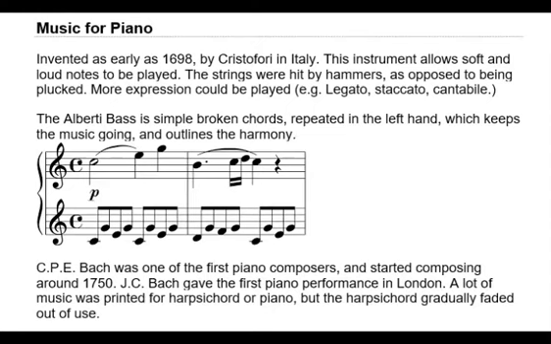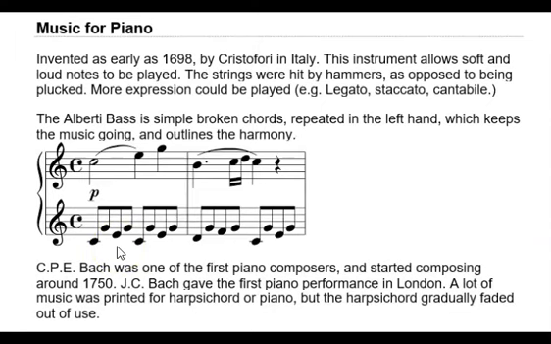The Alberti bass is a simple broken chord pattern in the left hand, which keeps the music going and outlines the harmony. So you see there, I have C, G, E, G, C, G, E, G. And it's like an ostinato pattern that is repeated.